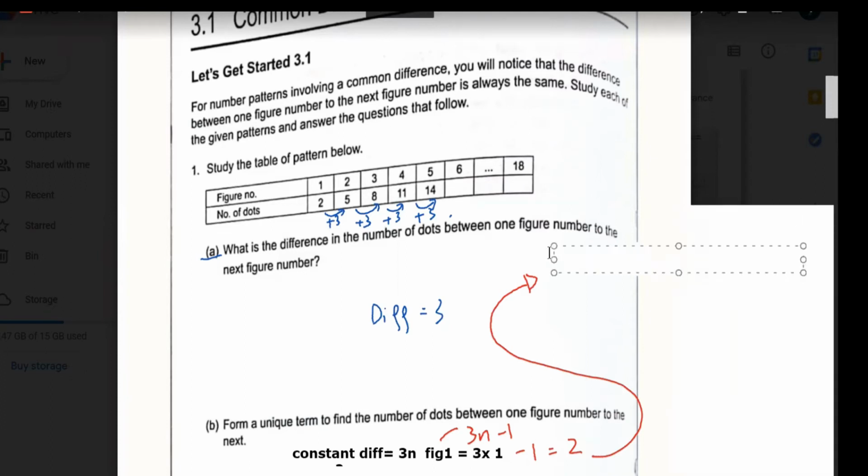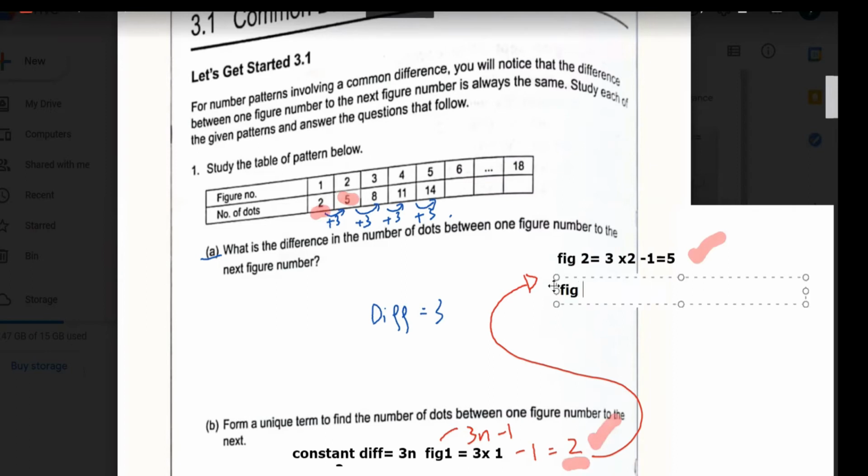Figure number 2, I try 3n times 2, because n is always our figure number, and then I minus 1. So 3 times 2 minus 1, I get 5, which is correct because here we also get 5. I just need to try one more time to check whether my n term is correct.